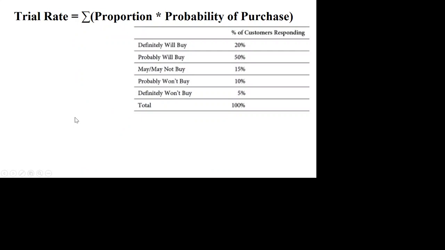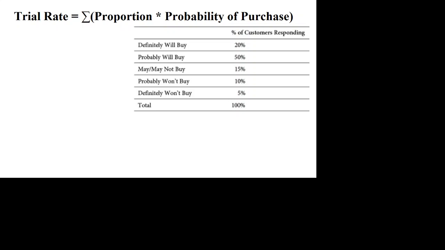Okay, and so here's an example. So we're trying to figure out a trial rate. So we send out a survey to a whole bunch of people. Hey, what is the likelihood you're going to buy our product? 20% say definitely will, 50% say probably will, and so on and so on.